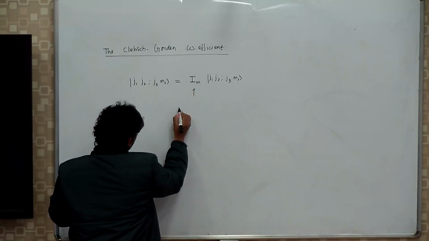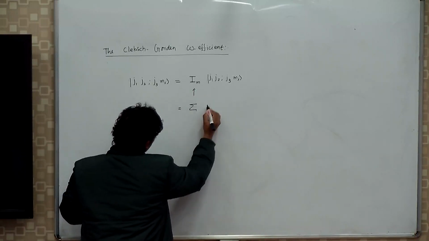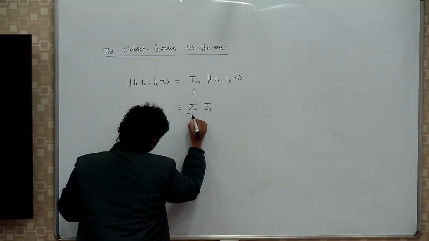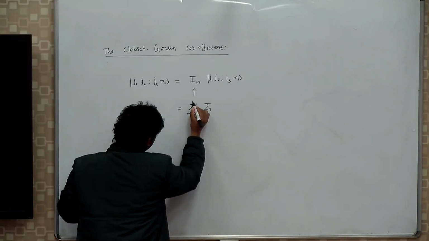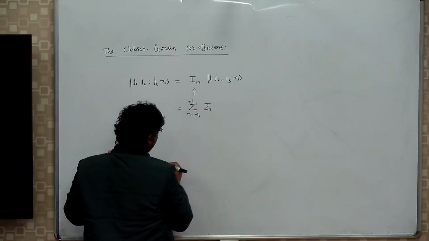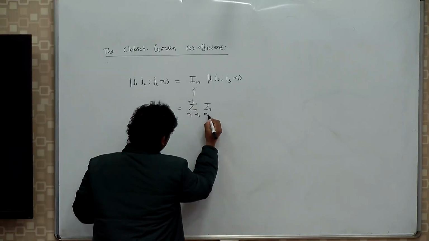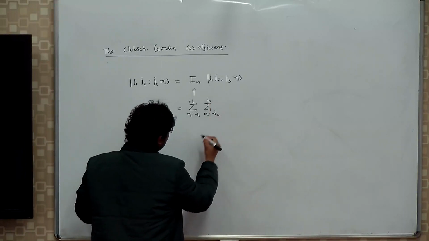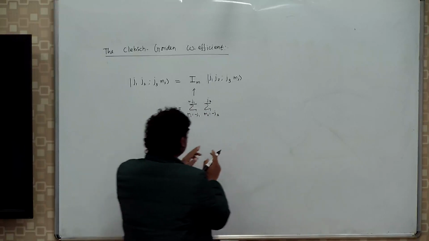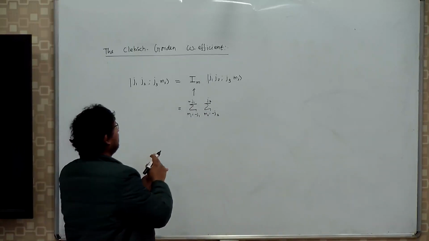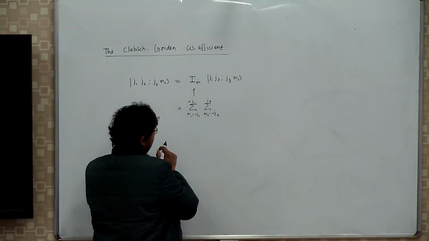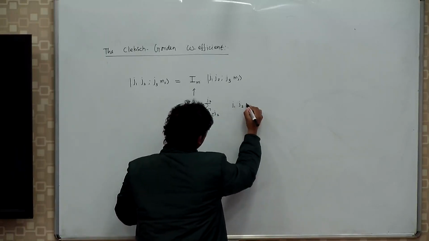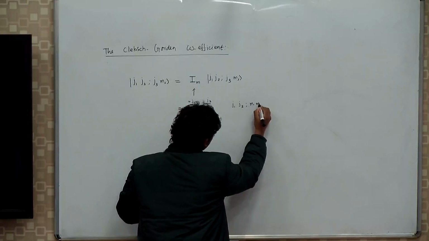So this one further can be written as a sum over m1 equal to minus j1 to plus j1, and m2 from minus j2 to plus j2, of the outer product of the uncoupled states, which is nothing but the completeness relation: |j1 j2 m1 m2> <j1 j2 m1 m2|.